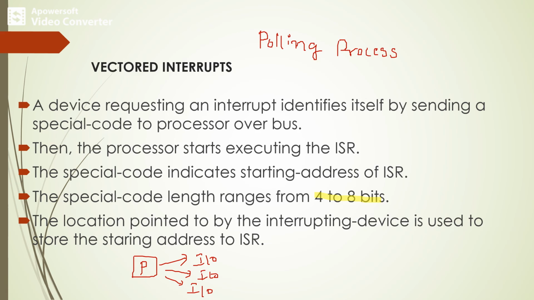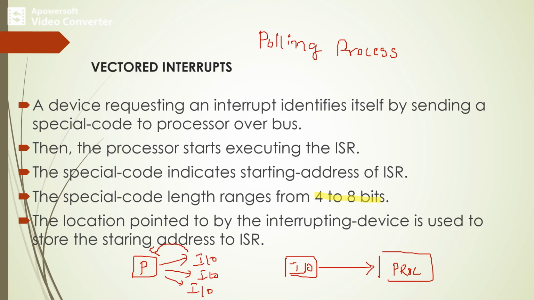Instead of that, we can consider the reverse fashion: the I/O device itself can give its identity to the processor. How can it give its identity? By sending a special code.